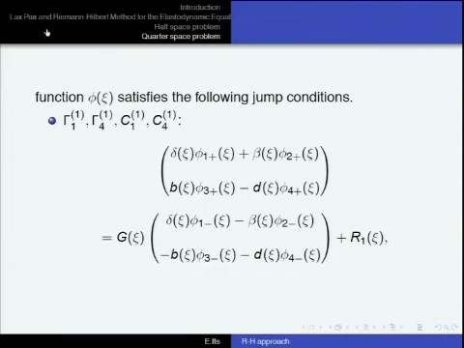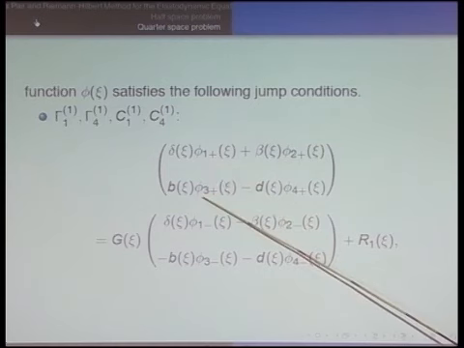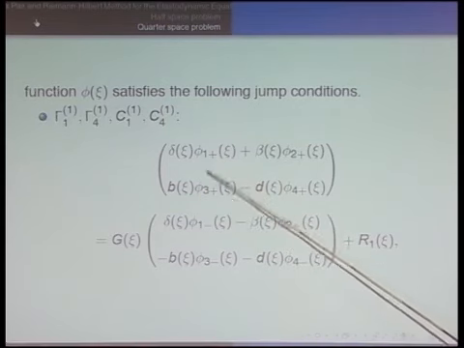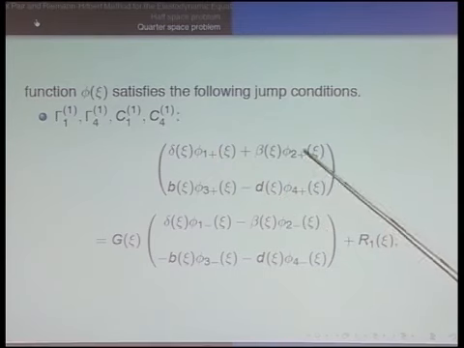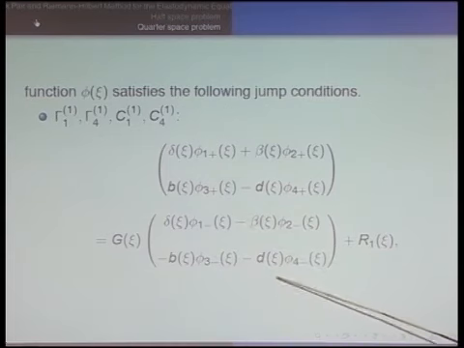And you see it is now a vector Riemann-Hilbert problem formulated on this part of the contour, and unfortunately we see at once it is not well posed. It would have been well posed if, for example, instead of phi 1 we would have phi 3 here and phi 4 there, the same here.